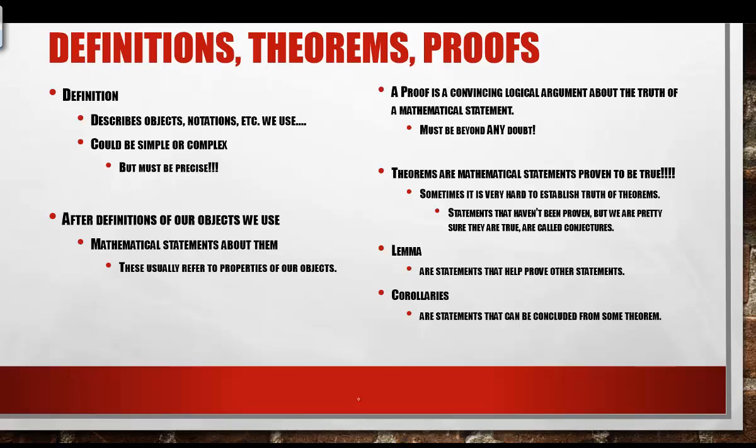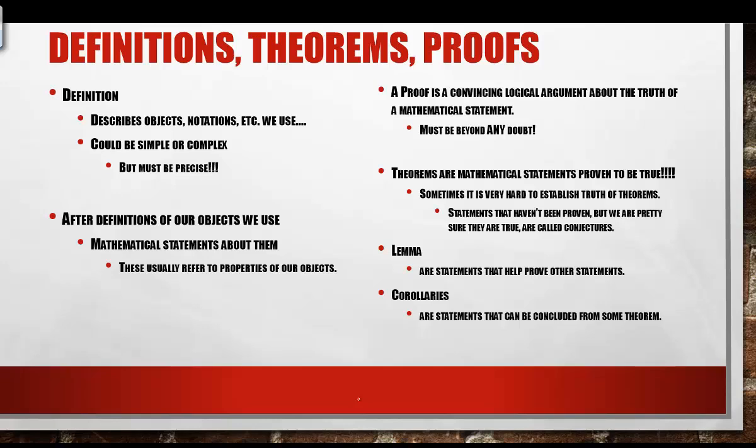So after you have defined your objects and notations, then you will start working with mathematical statements and making mathematical statements about them. Usually these statements express certain properties that your objects have. For example, such and such combinations of numbers, the sum of them yields a positive number or an even number, right?